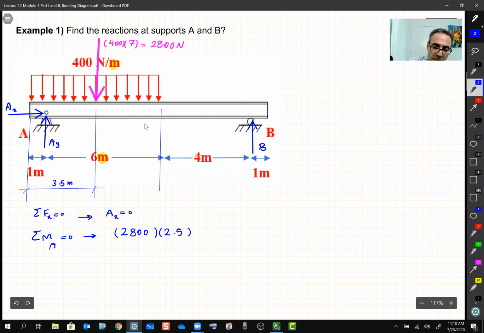The distance between the load and here, like this one, I'm just writing it in green so you know what it is. And how it's trying to rotate this beam. It tries to rotate clockwise, so it's negative. And then I have B multiplied by the distance, which is 10, equal to 0. From here, I will find B.